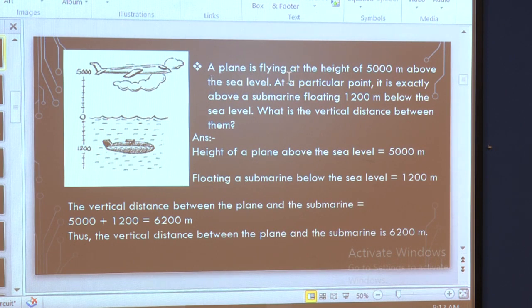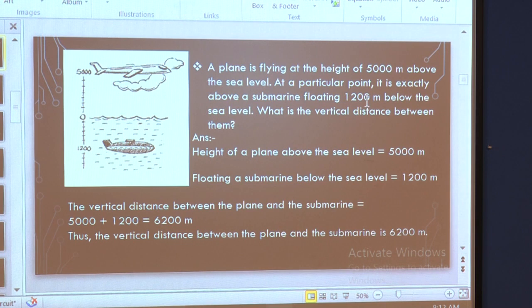A plane is flying at a height of 5,000 meters above the sea level. Above means it will be plus. At a particular point, it is exactly above a submarine. You can see the submarine is here. The plane is flying 5,000 meters above.